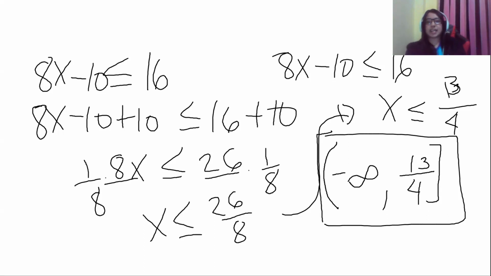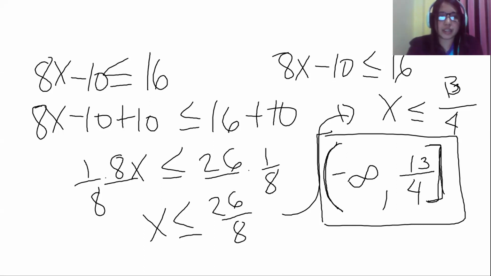So x is less than or equal to 13 over 4. It is bounded at 13 over 4, but unbounded toward the lesser numbers. It's negative infinity comma 13 over 4. Again, we emphasize this is the round bracket and then the square bracket here because it contains 13 over 4.